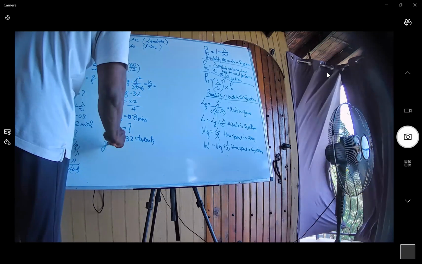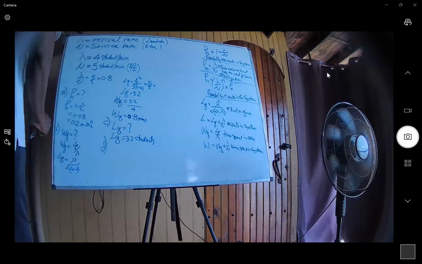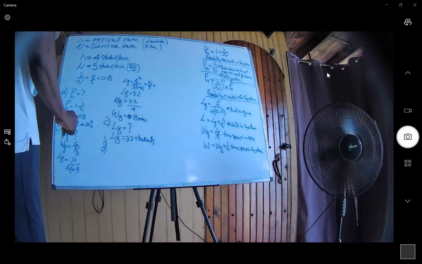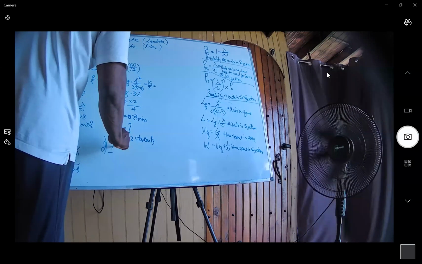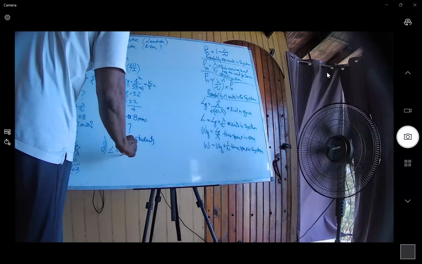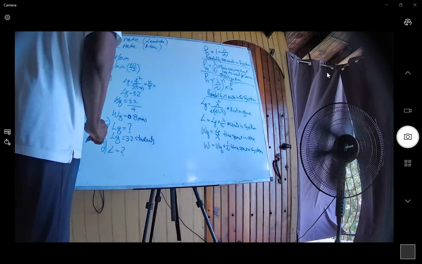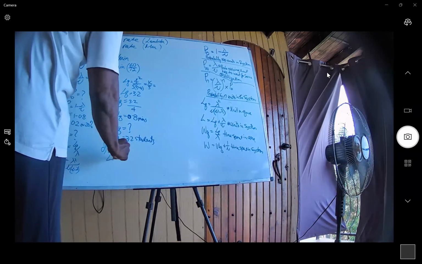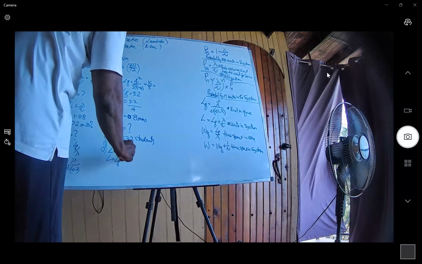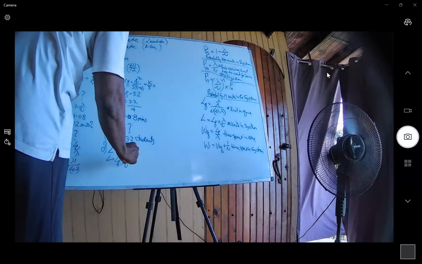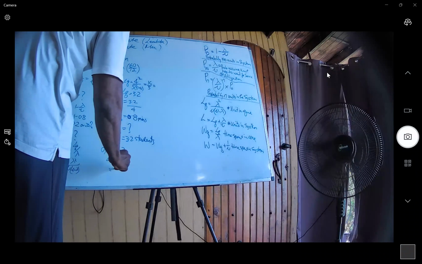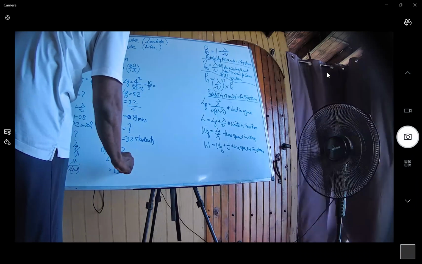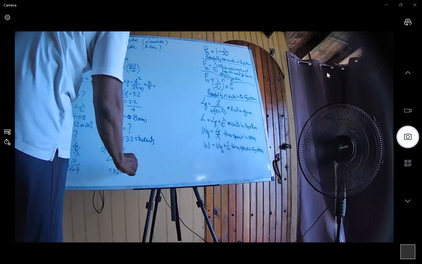And D is asking what's the average number in the system, the entire system now, so it's L. L is equal to LQ plus 1 over mu, 1 over 5.